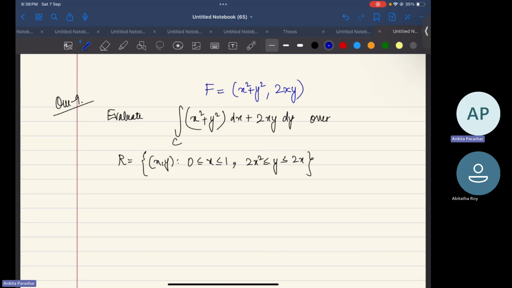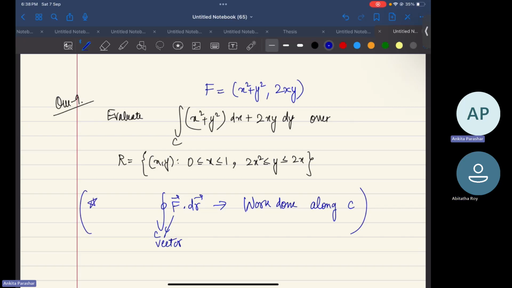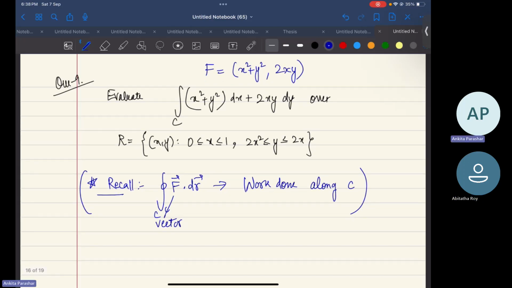If you remember, when you have F dot dr where F is a vector field, this is nothing but the work done along the curve C. So this was a recall. We are again in the same scenario: we have F dot dr over the curve C over a certain region. Can you use Green's theorem to do it?